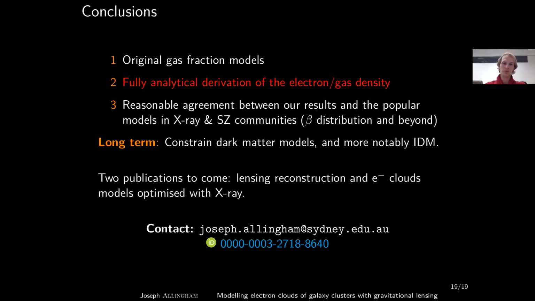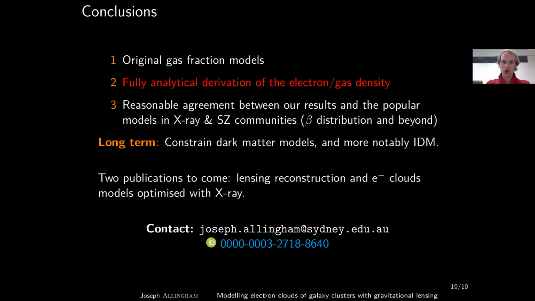And well, we also have found that the classical models used by the X-ray and SZ community, the Vikhlinin derived potentials, the most simple of which is beta, are in good agreement with what we were doing.